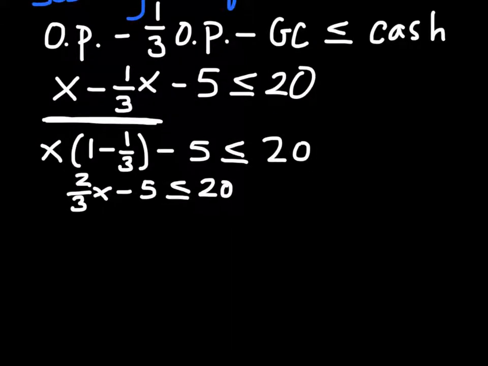Now let's move on to our next step. We need to move this 5, so we're going to end up adding 5 to both sides, giving us 2/3 X is less than or equal to 25.